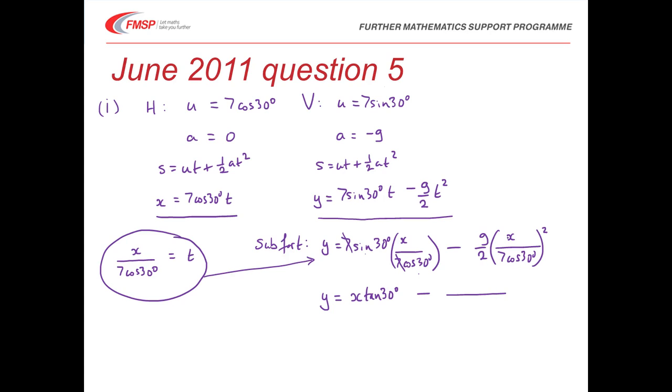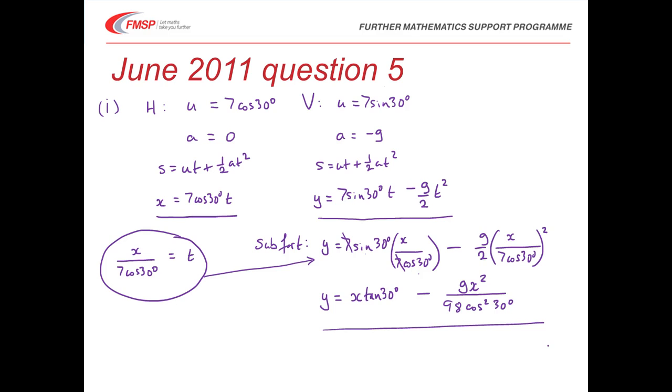On the top I have g and then x, which is squared, so gx squared. And on the bottom, 2 times 7 squared cos squared 30. 7 squared is 49 and 2 of those is 98. And then cos squared of 30 degrees. And there we go, there's the equation of the trajectory.